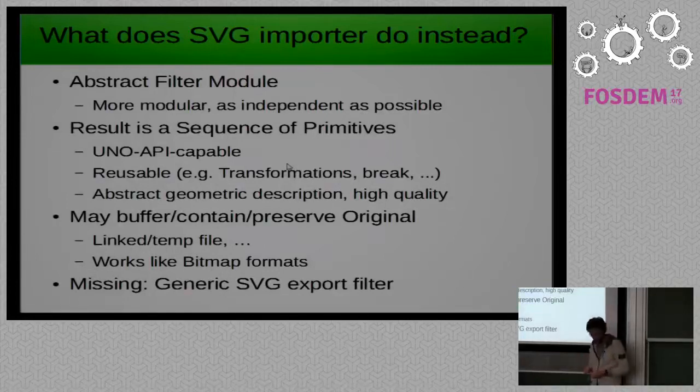So what we don't have for SVG is a generic SVG export filter, because there is an SVG filter. What I mean here is a generic SVG export filter for simple parts of graphics. We don't have that. We have a big SVG export filter which iterates over all pages, over all objects, and makes a good job.